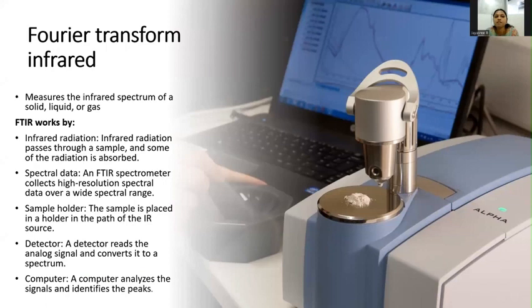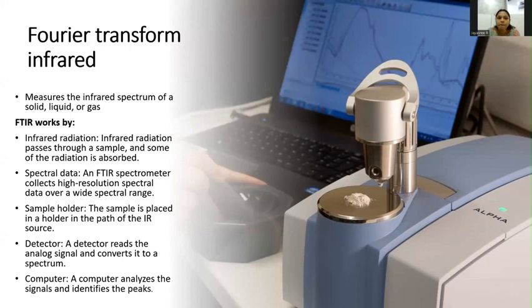So the next analytical tool which I'll be discussing is Fourier transform infrared spectroscopy. This is also a very, very affordable characterization technique. Most of the material developers among you will be using it, because you will need only a very small amount of sample. A pinch of sample is enough.